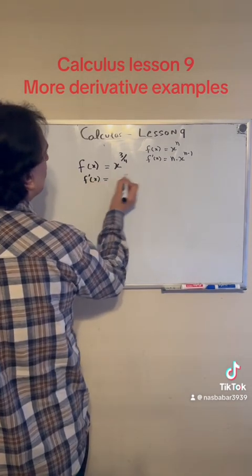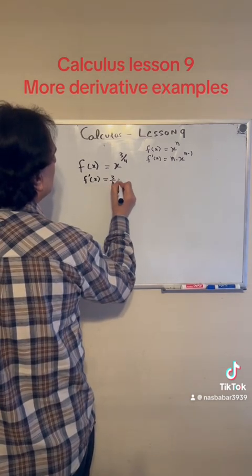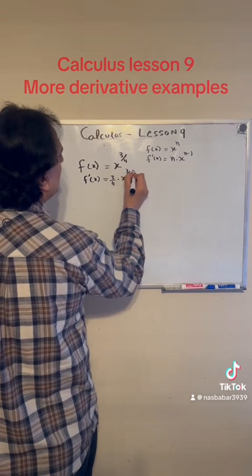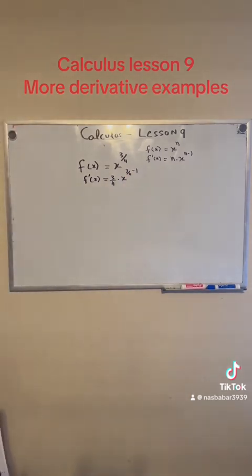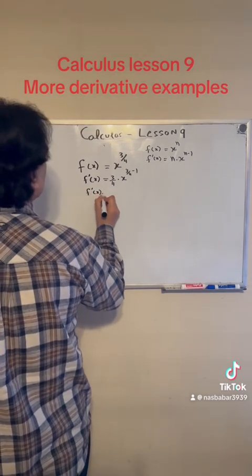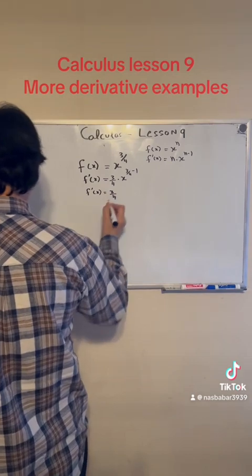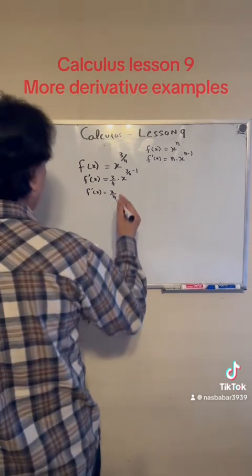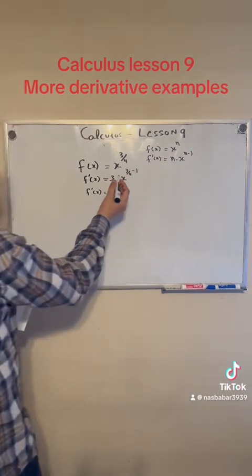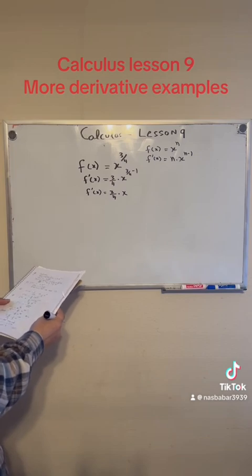Well, you've got the rule right here. Bring 3 over 4 as a coefficient times x to the 3 over 4 minus 1. All right? So if you simplify this further, you get f prime of x is equal to 3 over 4 times x. If you subtract 1 from 3/4, what will you get?